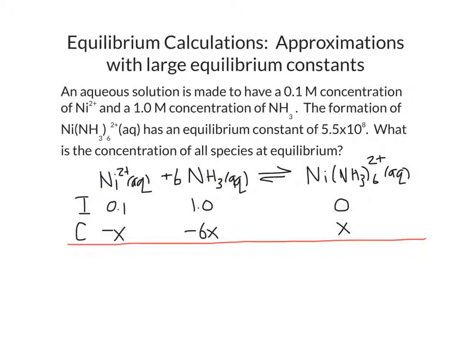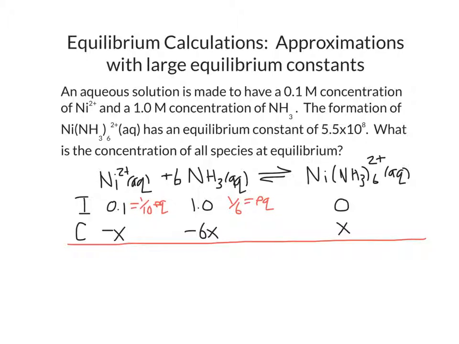And so if I let this reaction go to completion, I need to do a limiting reagent problem. I can see that I have 1 divided by 6 equivalents of ammonia. And 0.1 divided by 1 is the same as 1/10 equivalents of nickel.